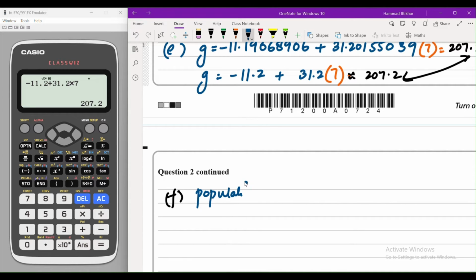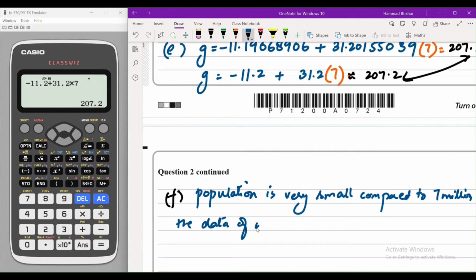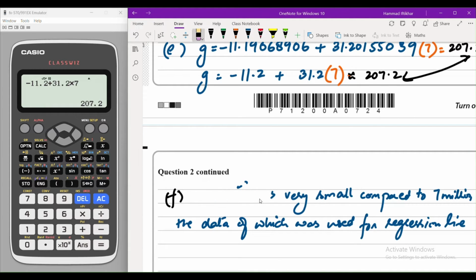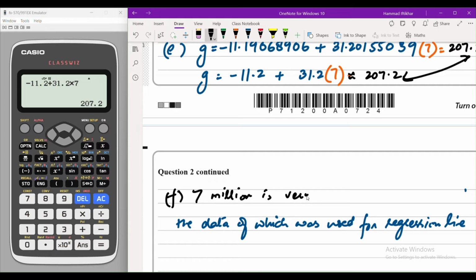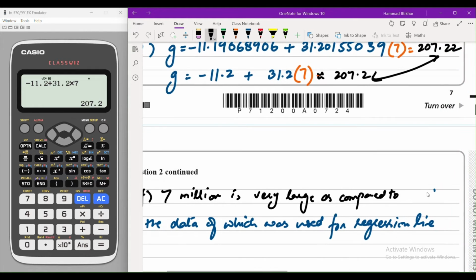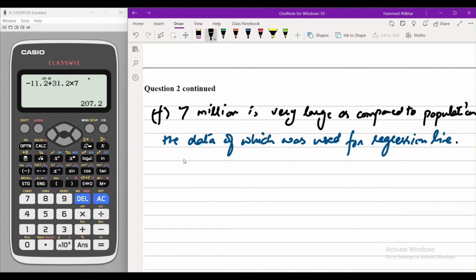Population is very small compared to 7 million, with the data of which was used for regression line, or sorry, you can say 7 million is very large as compared to population, the data of which was used for regression line or model, basically.